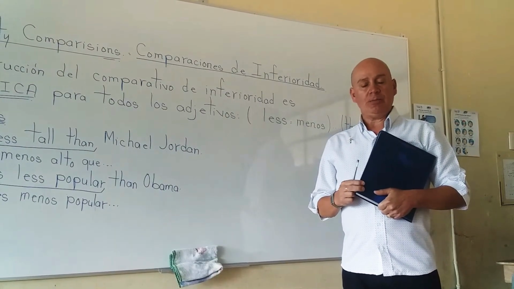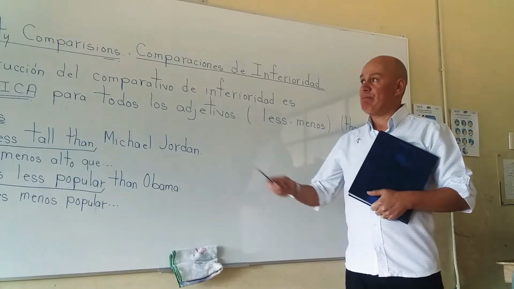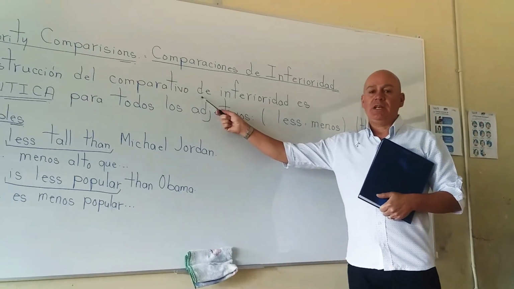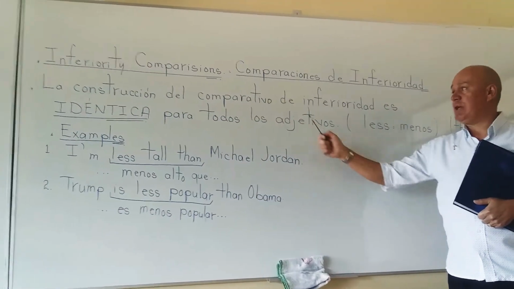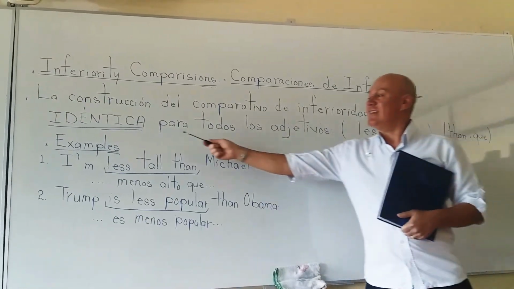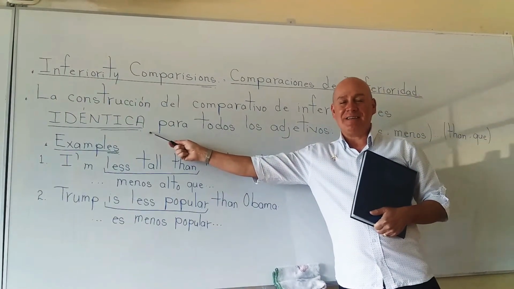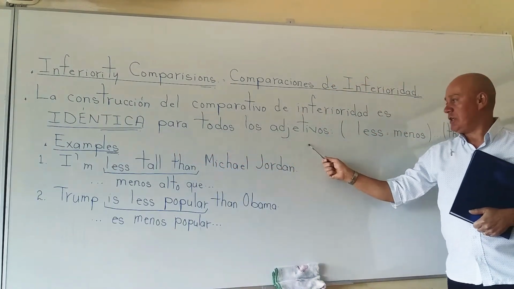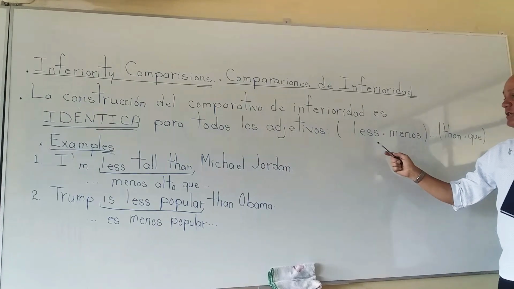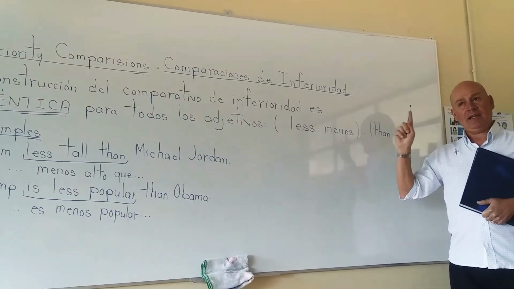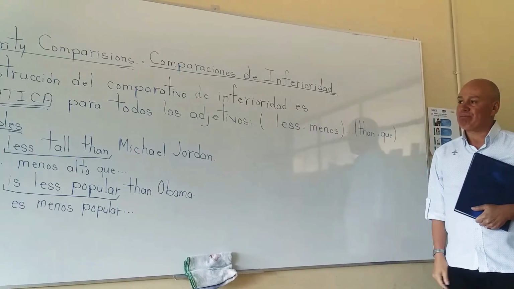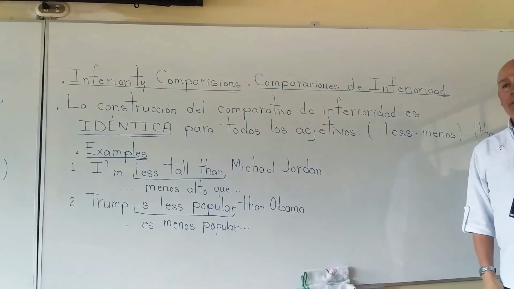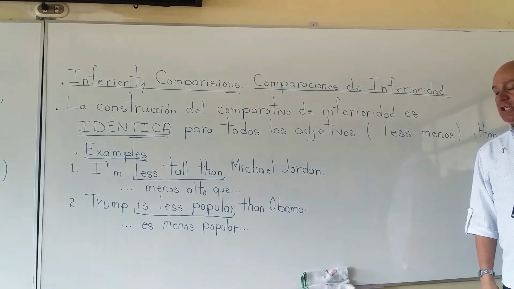Okay, keep your attention please, again. Inferiority comparisons. The construction of the inferiority comparison is the same, let me repeat that, the same for all the adjectives. We are going to do it using less and don't forget than. Examples. 1. I'm less tall than Michael Jordan.